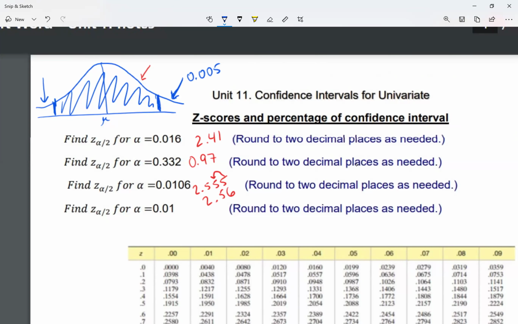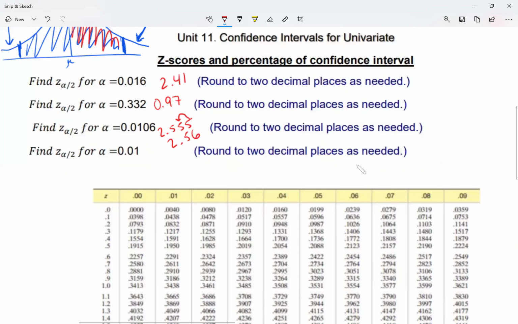Use a calculator if you need to. Now, based on this value, I'm going to highlight this area in red. This area in red is going to be 0.495, because remember, 0.5 minus 0.005 gave me 0.495. Good. Let me look on my C table.